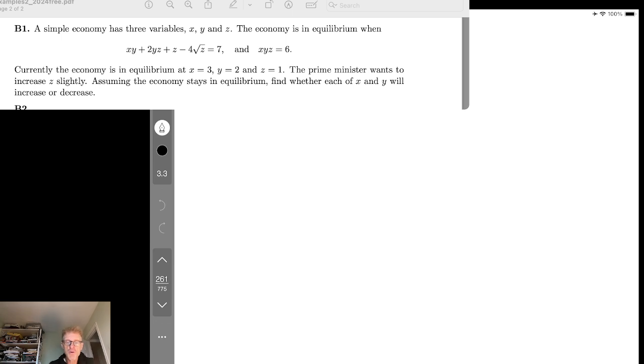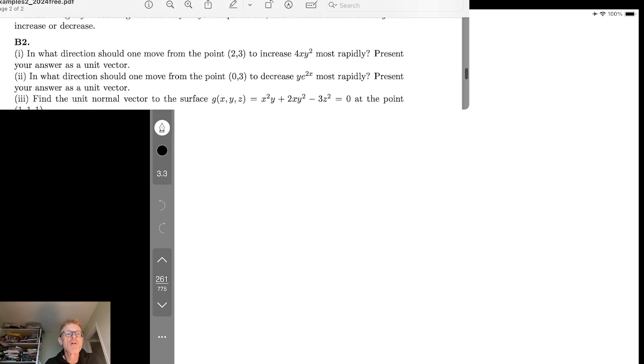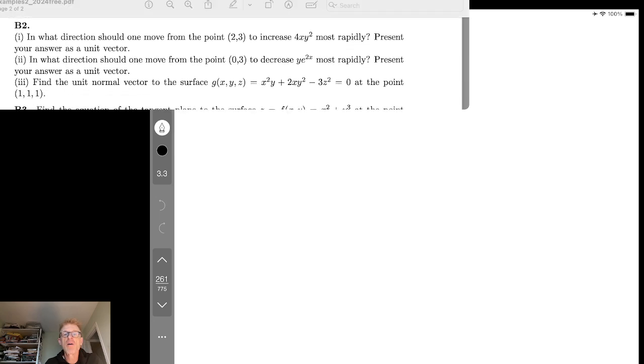So B2, why is it doing that? Yes, B2, we have a function 4xy squared. So let me see where we are. There we are.